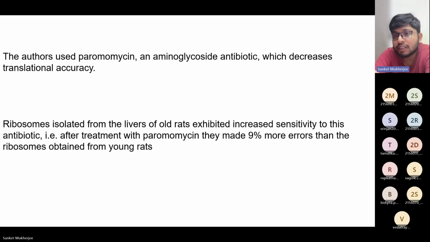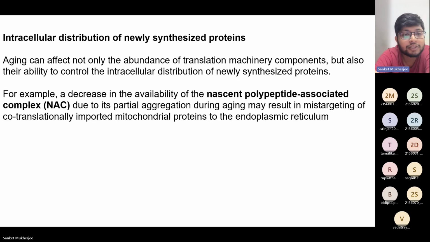So that's essentially the entire point of this hallmark. The proteostasis machinery is altered. So the intracellular distribution of newly synthesized proteins: once these proteins are synthesized, they need to be distributed at the right places.